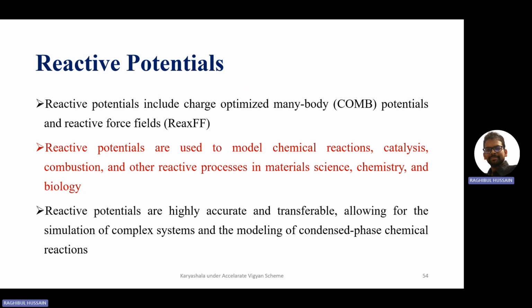Reactive potentials are used to model chemical reactions, catalysis, combustion, and other reactive processes in material science, chemistry, as well as, although it is written for biology, I don't think that is explored. Reactive potentials are highly accurate and transferable, allowing for the simulation of complex systems and modeling the condensed phase chemical reaction. That means the liquid phase chemical reaction.